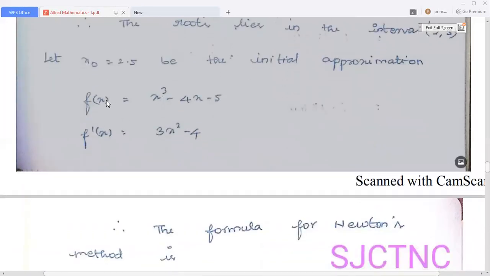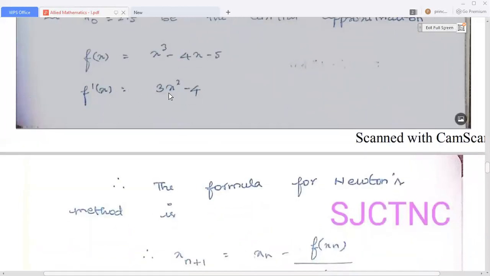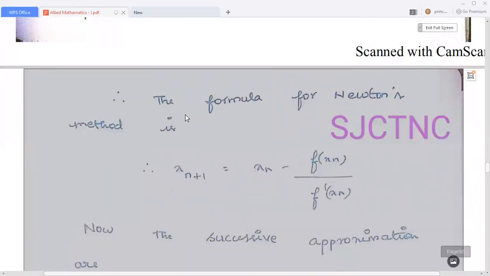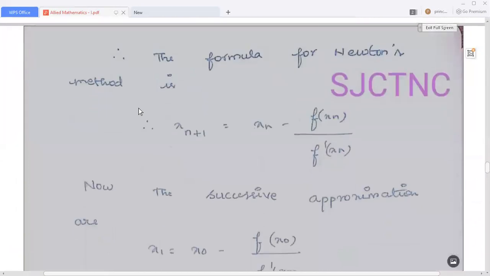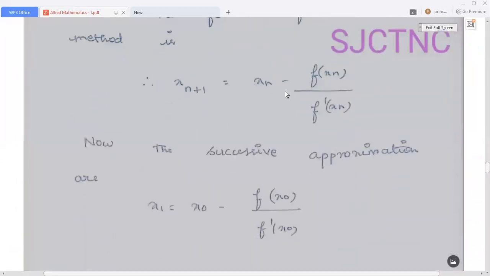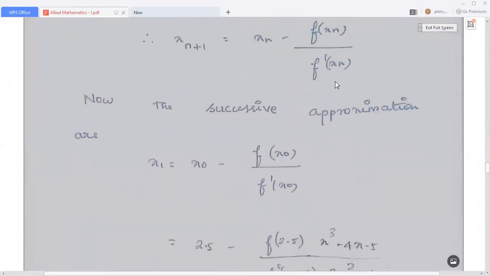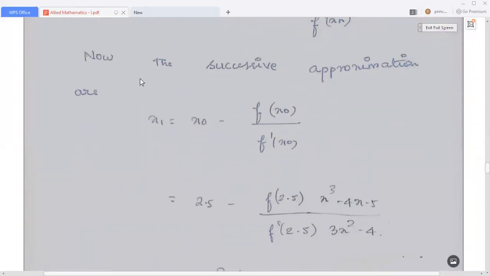Now we calculate this. F of x equal to x cube minus 4x minus 5. F dash of x equal to 3x square minus 4. Therefore, the formula for Newton's method is xn plus 1 is equal to xn minus f of xn by f dash of xn. Now we calculate the successive approximations.